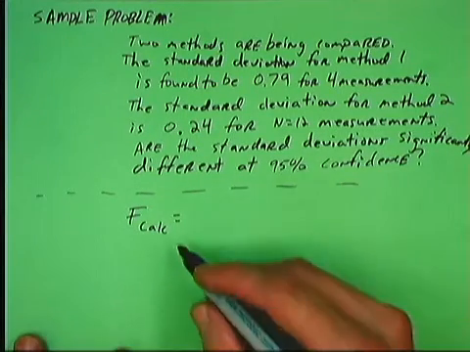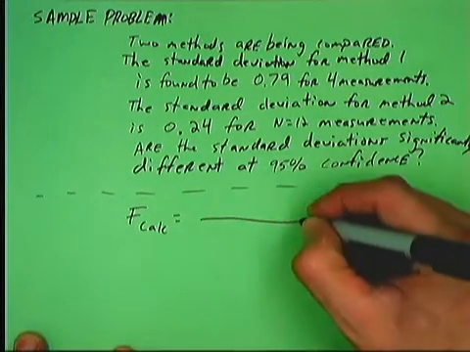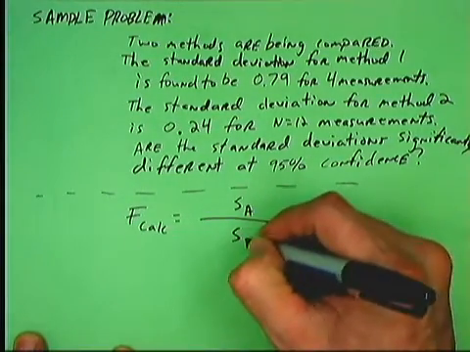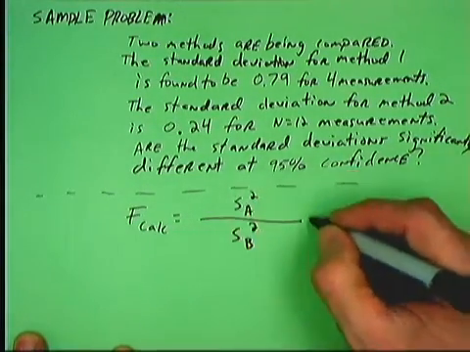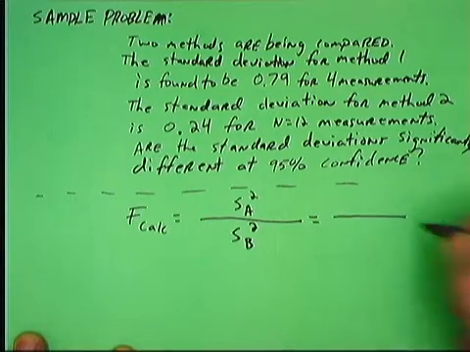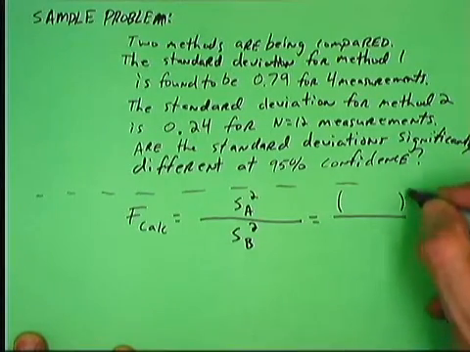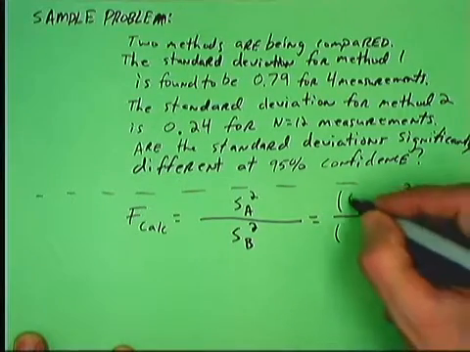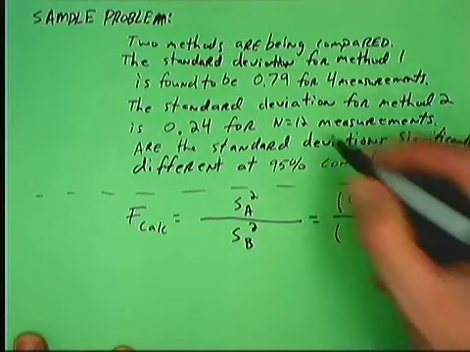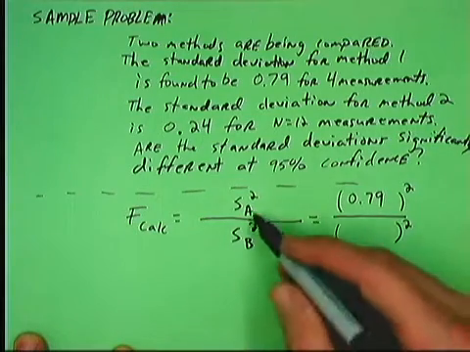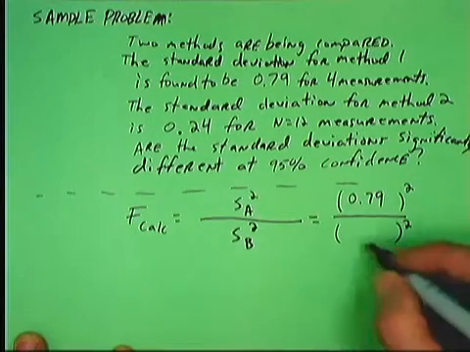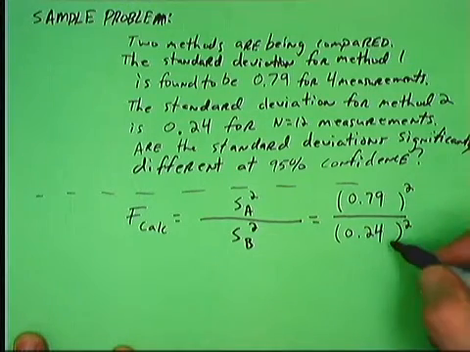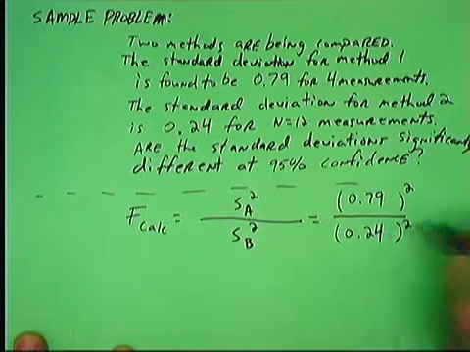Of course, remember F calc was that simple ratio of the standard deviations squared. We always put the bigger one in the numerator, smaller one in the denominator. So I'm going to call that first experiment letter A, and the second experiment is letter B. That's its standard deviation. 0.24 is the second data set standard deviation.